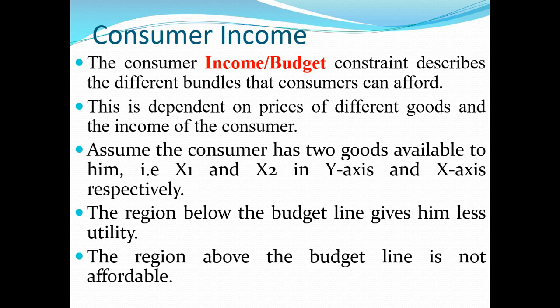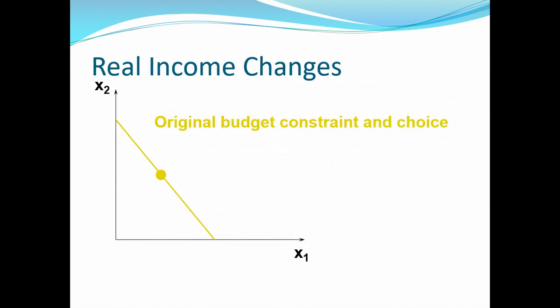So in this case, as usual, we are making an assumption that the consumer is consuming two goods, good X and good Y, and the consumer is given some amount of income to consume.